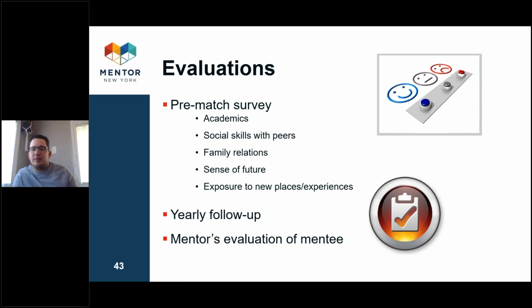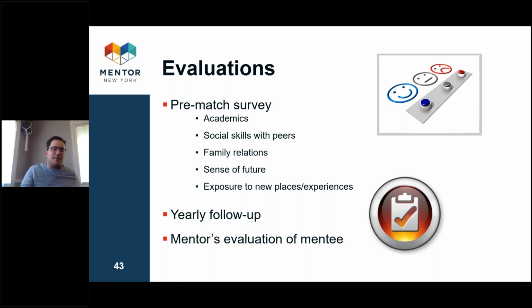It could be academics, it could be social skills, family relationships, sense of future, exposure to new places and experiences, all of those different pieces. You also want to make sure you're having some type of follow-up. So if your program runs on a 9-month schedule, doing a pre, mid-year, and post-evaluation can be really helpful.